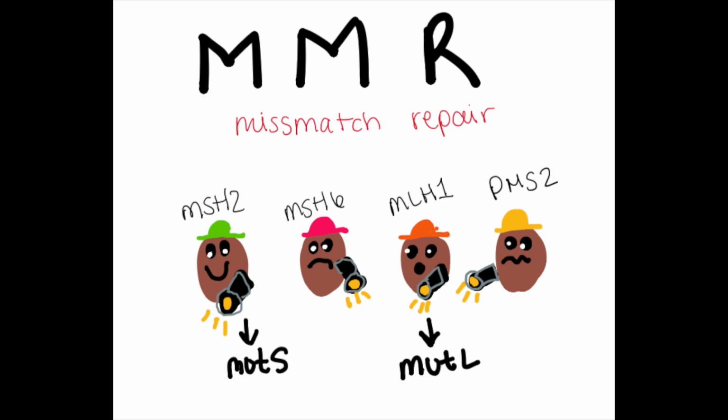So we have MSH2, MSH6, MLH1, and PMS2. And what we want to talk about is how MSH2 and MLH1 have protein products. These protein products are called MutS and MutL. They act as detectives to find any mistakes.